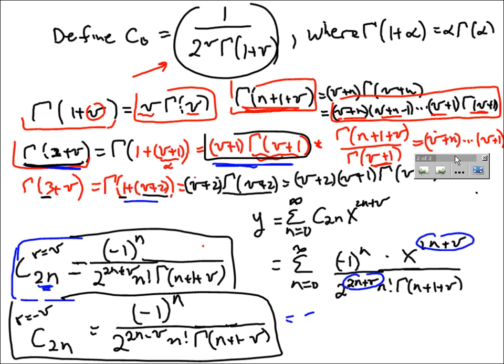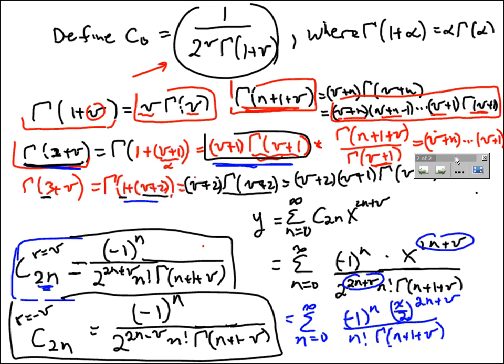So we can think of this as a summation as n goes from 0 to infinity of negative 1 to the n over n factorial times the gamma function of n plus 1 plus v times x over 2 to the 2n plus v. That is one solution. We'll call that y sub v.